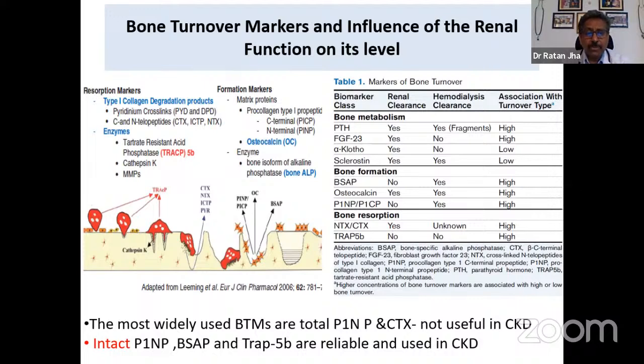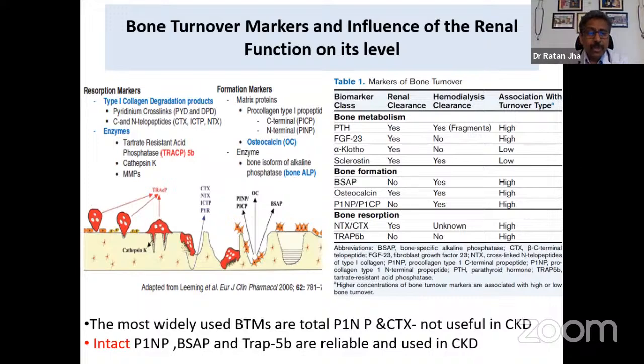The most widely used bone turnover markers are PINP and CTX. PINP stands for procollagen type I propeptide, either N-terminal or C-terminal, and CTX stands for C-terminal telopeptide. But these get accumulated in chronic kidney disease, and hence are not useful.